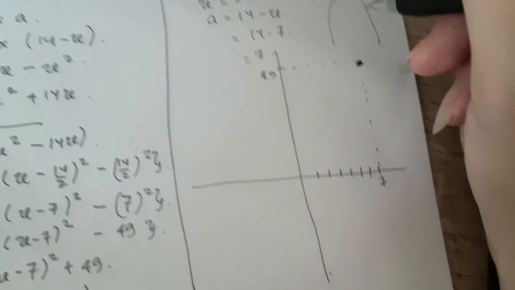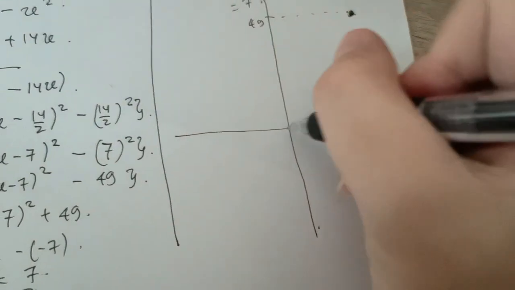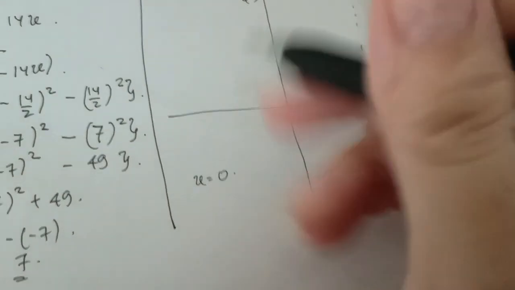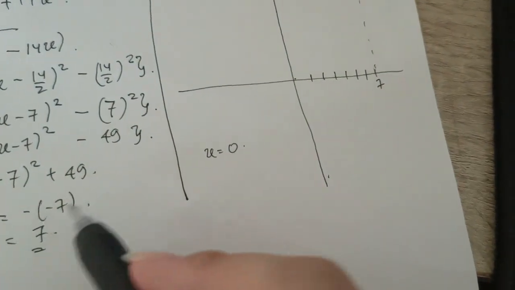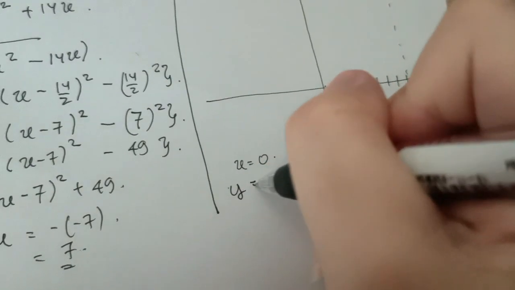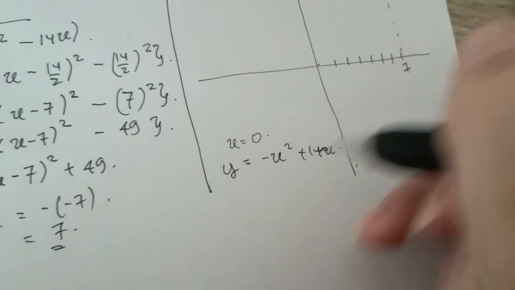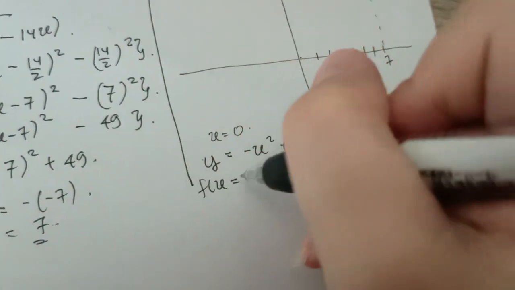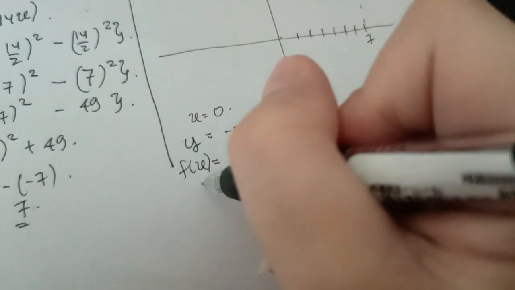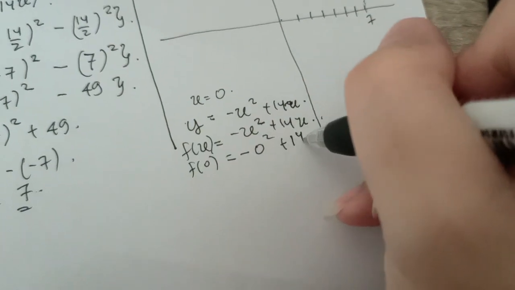Now we are going to find out, if the x is 0, we are going to put it over here again. So y is equal to minus x squared plus 14x. f(x) equals minus x squared plus 14x. f(0) equals minus 0 squared plus 14 multiply 0.